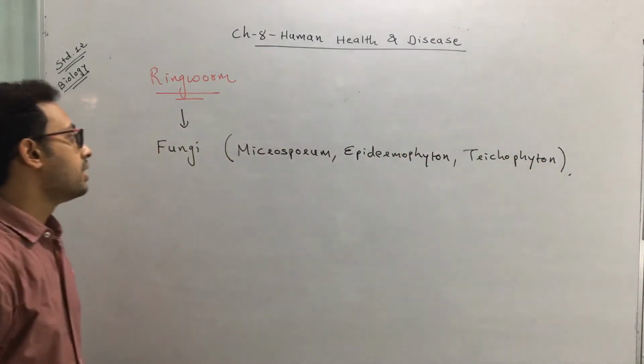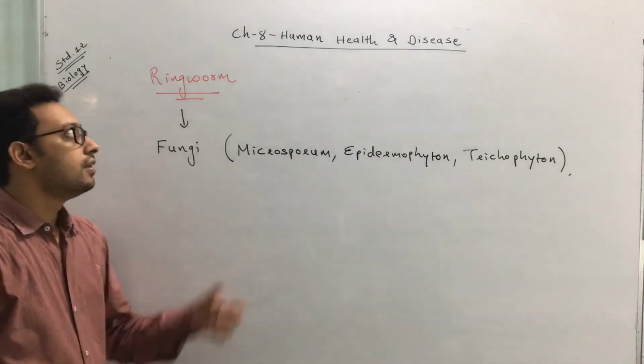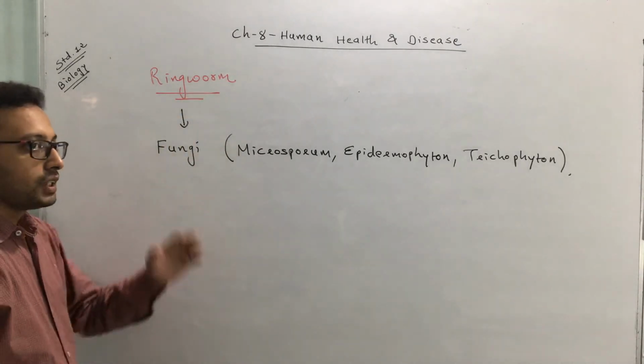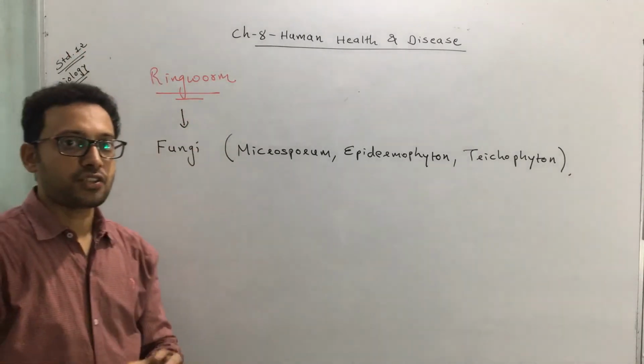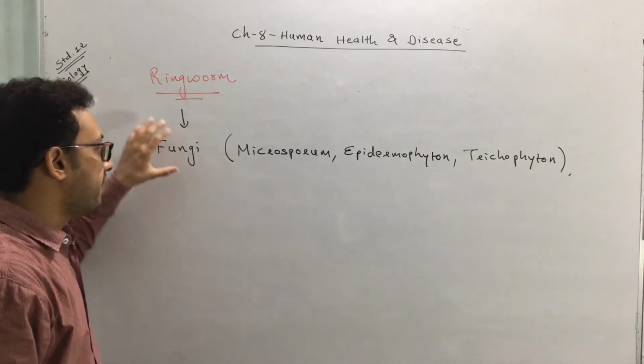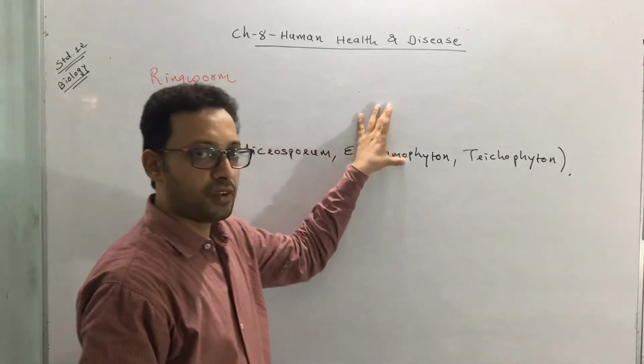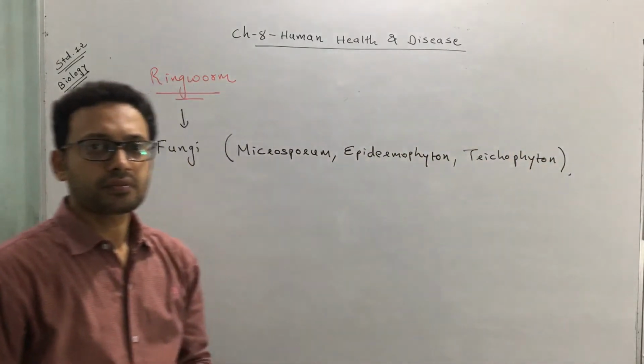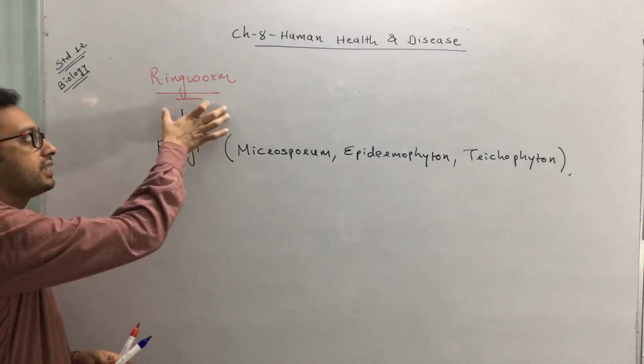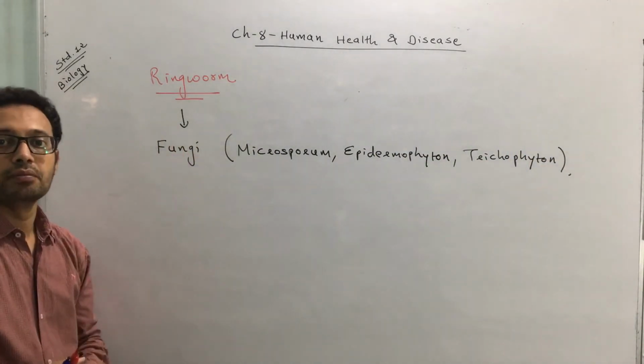Of this group, they are responsible for causing ringworm. Clear? So remember, ringworm is an infectious disease that is caused by fungi. Fungi of which group? Microsporum, epidermophyton, and trichophyton. They are responsible for causing the disease called ringworm.